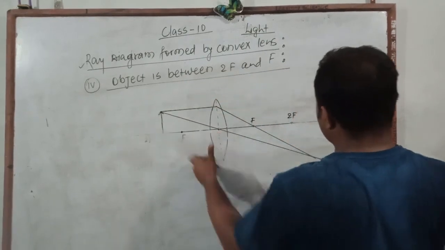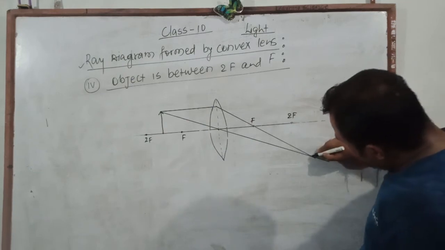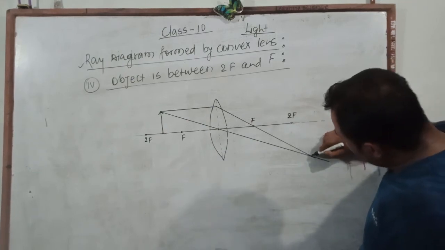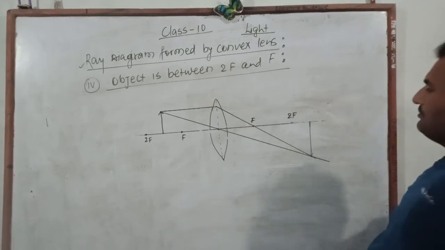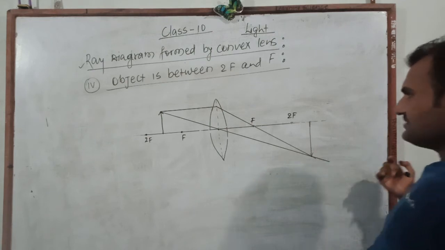And we found that the meeting point of these two rays is beyond 2F. Behind 2F the image is formed.